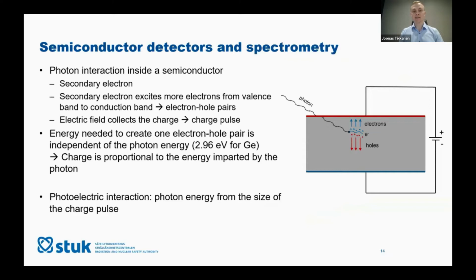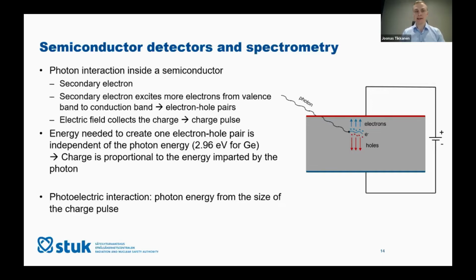How these semiconductor detectors work. The idea is that when a photon interacts inside the semiconductor material, it creates a secondary electron, which in turn excites the electrons inside the material from the valence to the conduction band and creates these electron hole pairs, which can be considered as free charges inside the semiconductor material. So it's very similar to ionization in air.